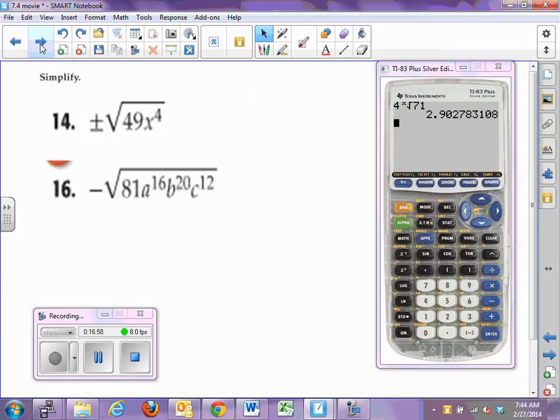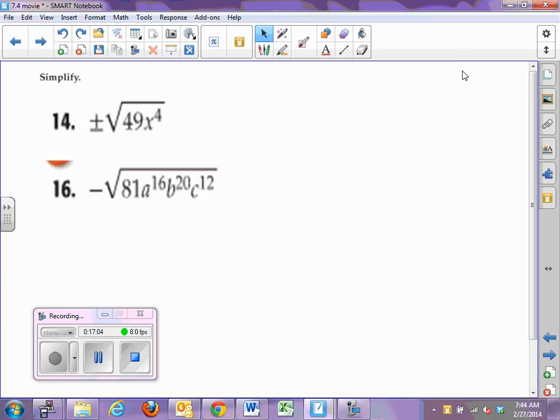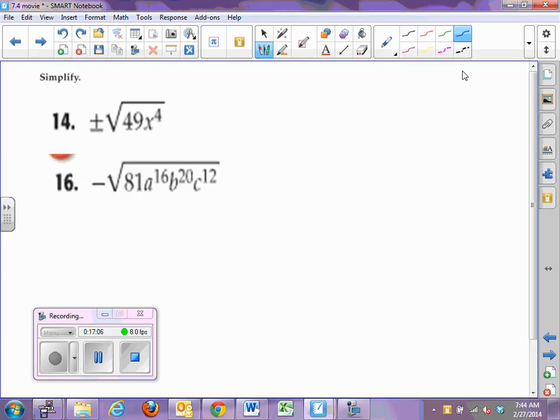Okay, how about this one? Wait, let me give you a chance to think about it. Go ahead and do 14 and 16 and then play the video again. This is going to be plus or minus 7x squared. Now I have an implied 2, even, so I don't need absolute value signs.